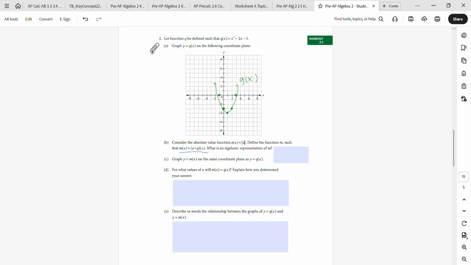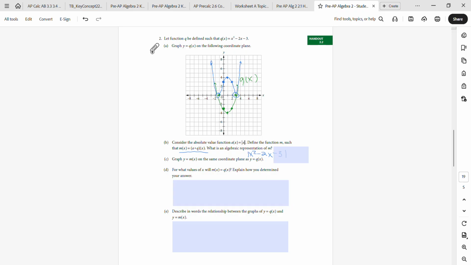It looks like that, because the algebraic representation is the absolute value of x squared minus 2x minus 3. That means I'm taking all the y values and making them positive.